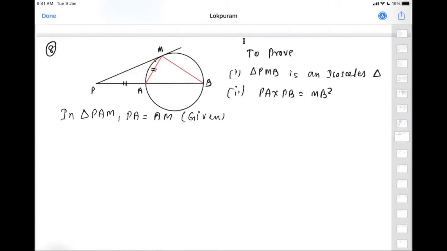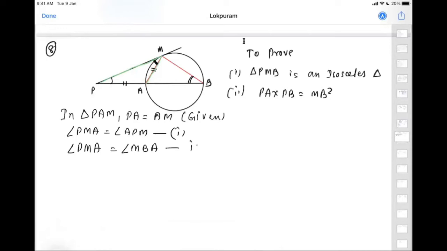Once it is given, then we can say this angle is equal to this. Angle PMA is equal to angle APM, angles opposite to equal sides. Okay, this much? Now what is this angle equal to? This angle is equal to this angle, angle in an alternate segment. Angle PMA, because this angle is formed by tangent and chord, is equal to angle MBA.